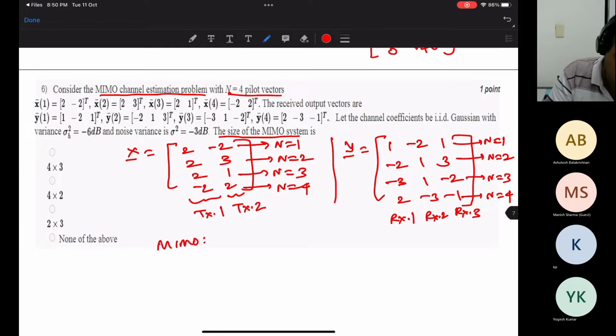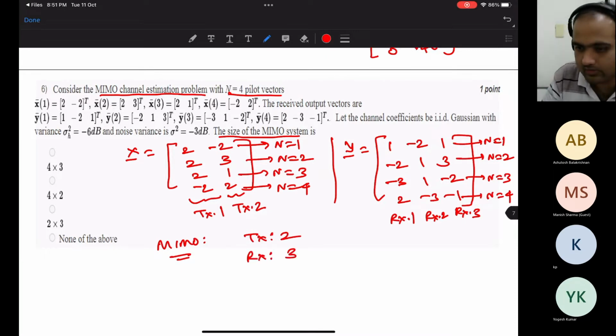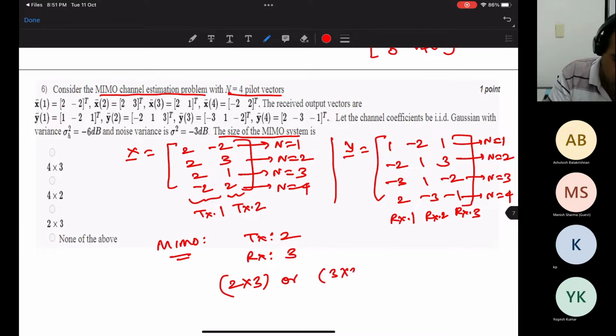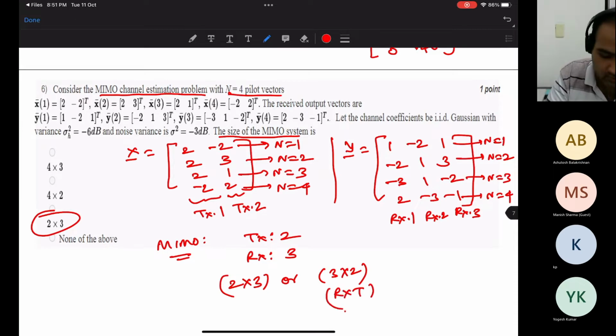It has 2 transmit antennas and 3 receive antennas, so this is a 2 cross 3 or 3 cross 2 system. Generally R cross T is our notation, but in the options 3 cross 2 is not given, so we are going with 2 cross 3.